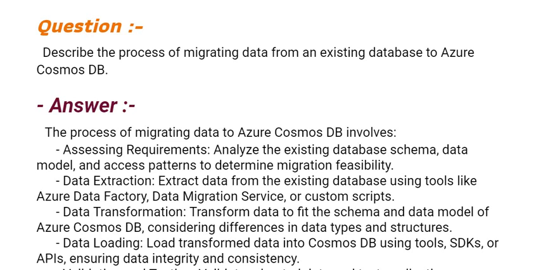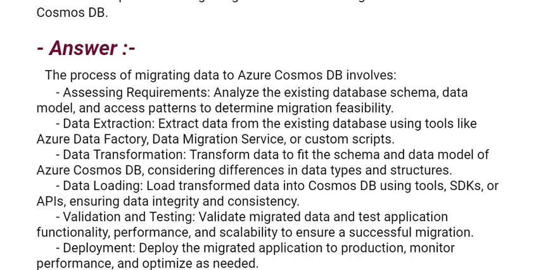The third one is data transformation. Transform data to fit the schema and data model of Azure Cosmos DB, considering differences in data types and structure. The fourth one is data loading.